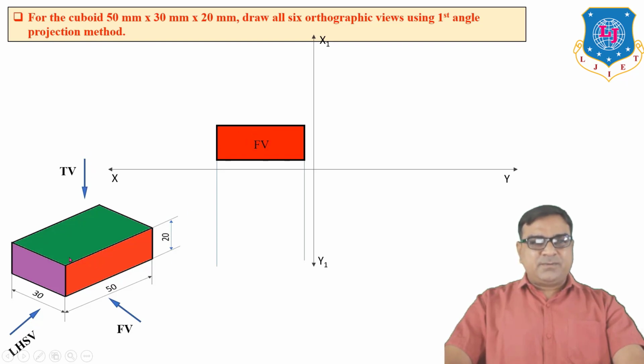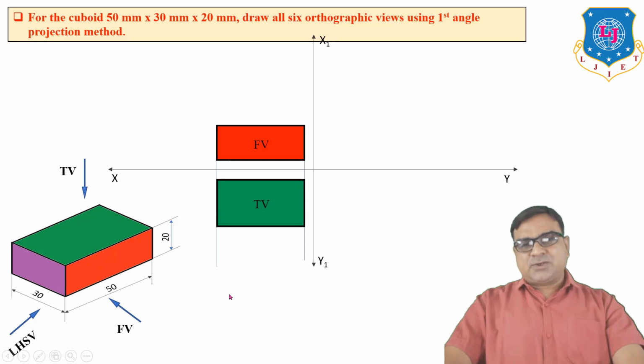Similarly from top, the green surface shows length and width. So this is the top view. This dimension represents the length of the object and this dimension is the width. So which dimension is common for front and top view? Obviously length. So the length of the front view and the length of the top view are always equal.